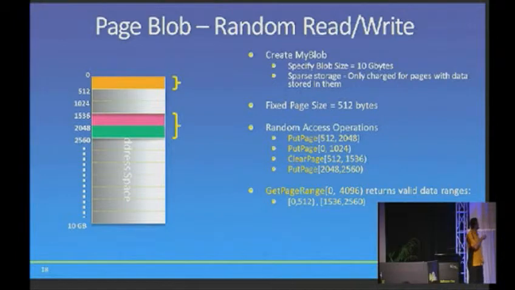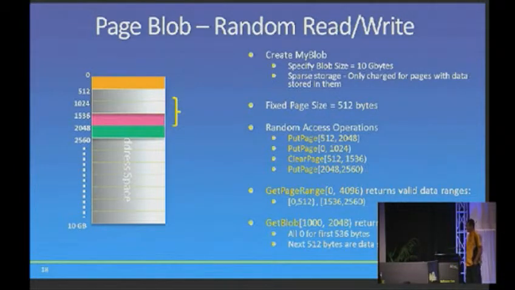It's not going to return the whole lot, just those non-empty data ranges. If we do a get blob for a given range, it is going to return the full range of data with the empty data zeroed out.